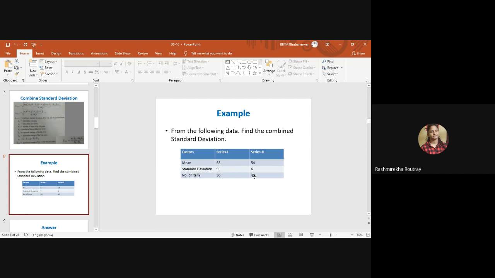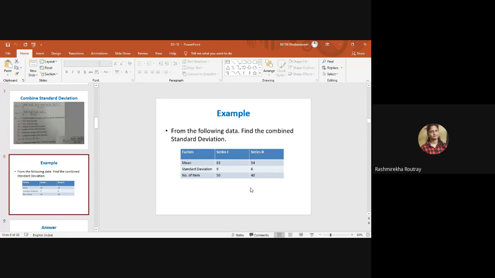To calculate the combined standard deviation, first you have to calculate the combined average, so you can directly apply the third formula. The combined average of the first and second series equals n1 into x1 bar, plus n2 into x2 bar, whole divided by n1 plus n2.